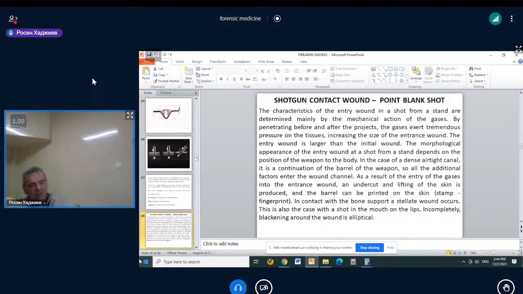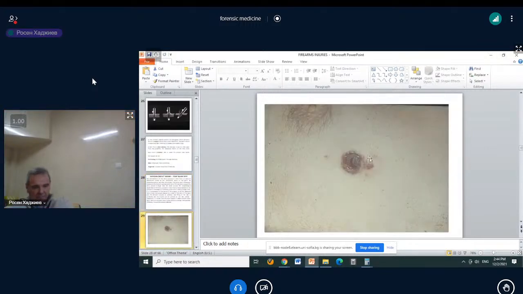In this way, we receive this figure, which is called Stanzmarke, or stamp. This is the stamp. This is the muzzle. This is the imprint left by the muzzle.